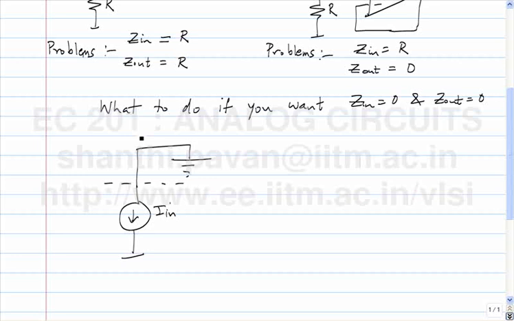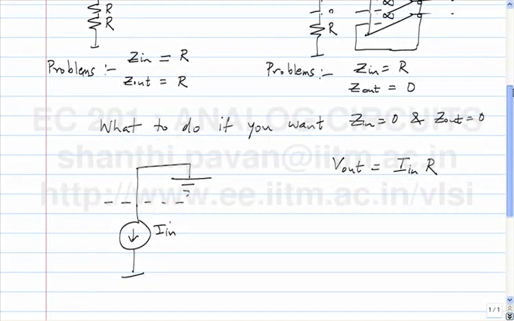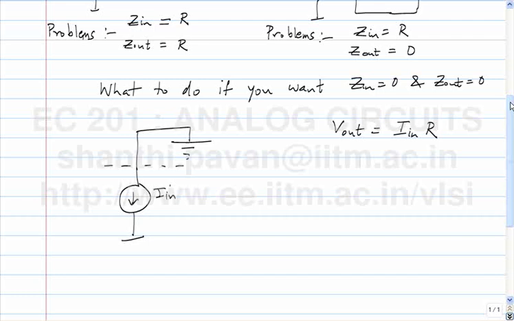So now imagine you are in a lab and I gave you a current I n. I wanted you to produce a voltage V out which is I n times R. What would you do? Based on our discussion with the output impedance being 0, can you comment on what I might need?